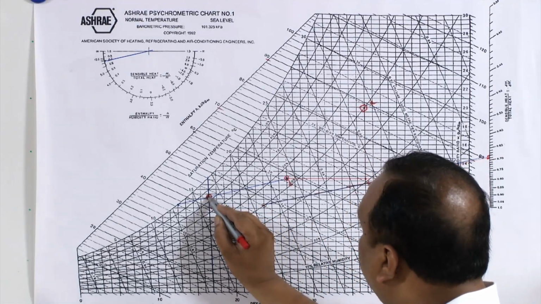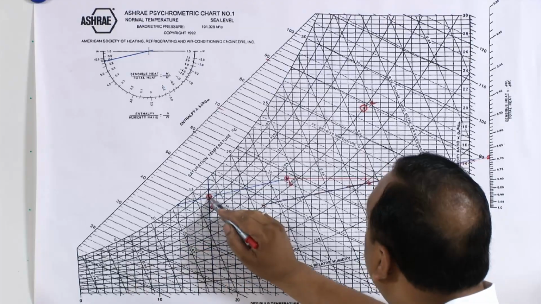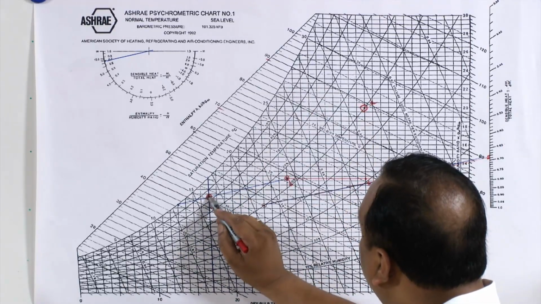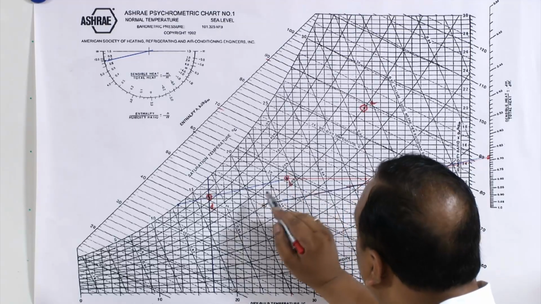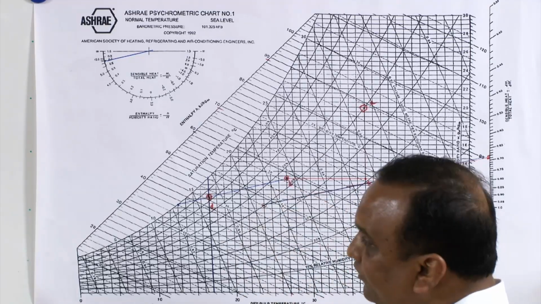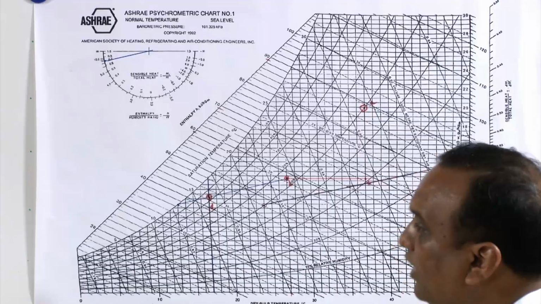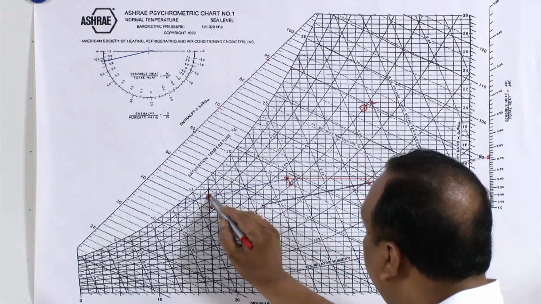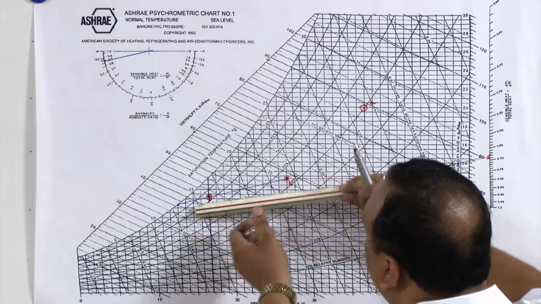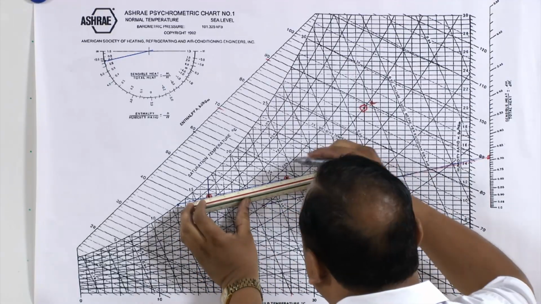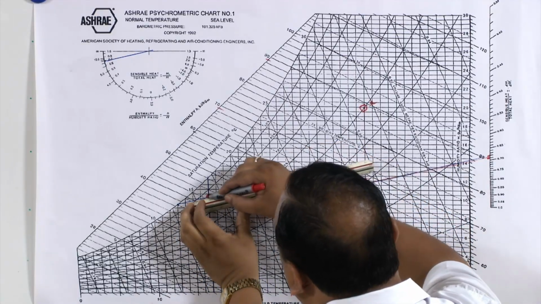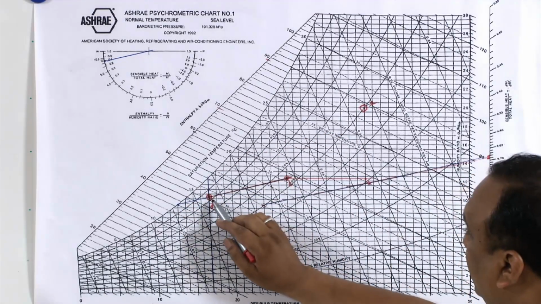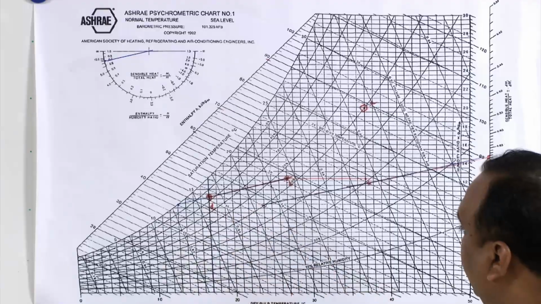Now air is entering the room at this state, at approximately 85%, and it is leaving the room at 27 degrees centigrade dry bulb temperature and 55% relative humidity. This line is known as the load line. All the heating load in the room is taken away by this air.